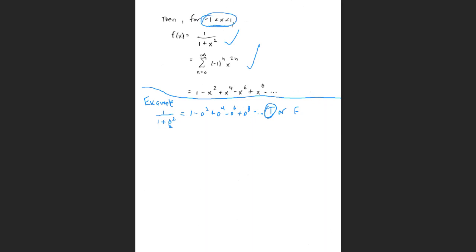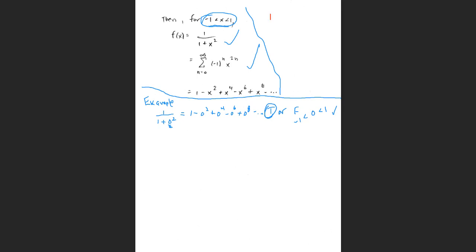Well, the series on the right does equal 1, but that's right, Taj. 0 is less than 1 and greater than negative 1, right? It falls in the interval of convergence. So that's absolutely cool.